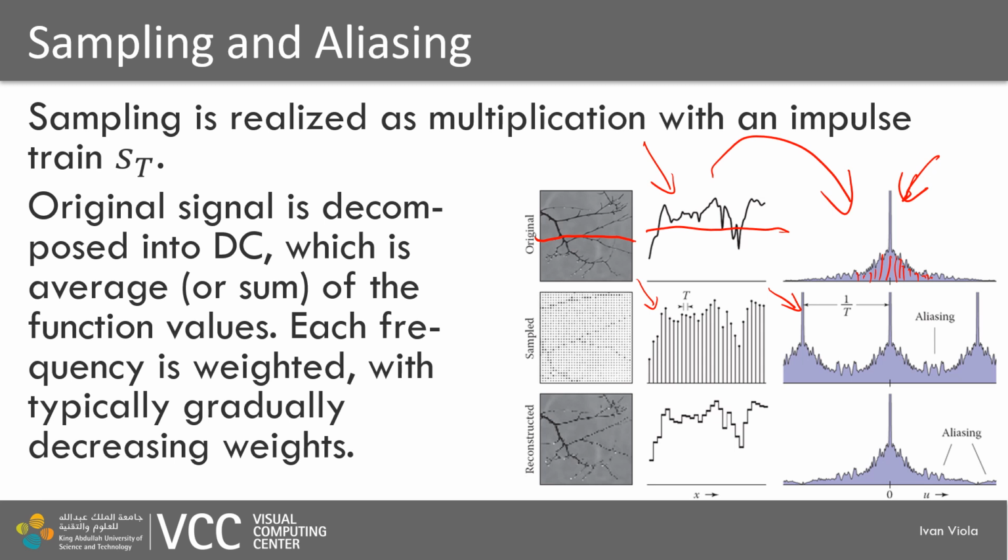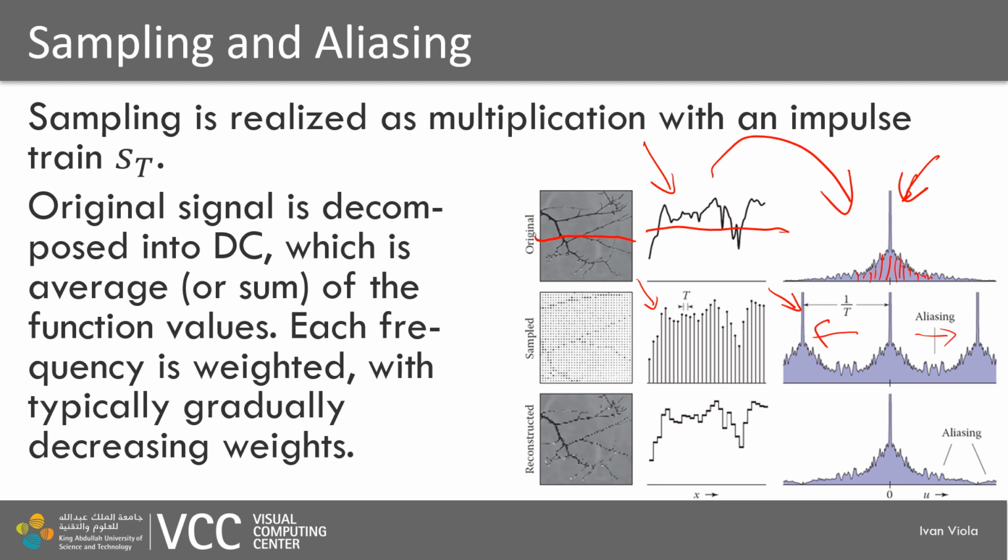This convolution therefore generates an identity transform of our frequency spectrum, which results in copying the spectrum multiple times in the frequency domain.